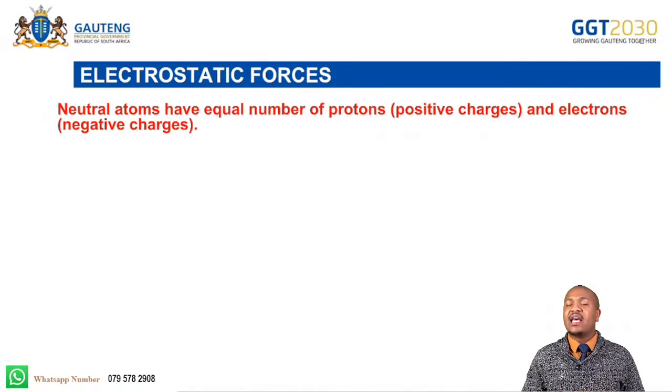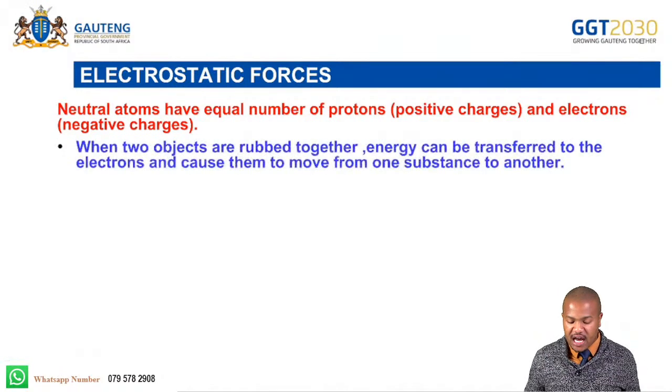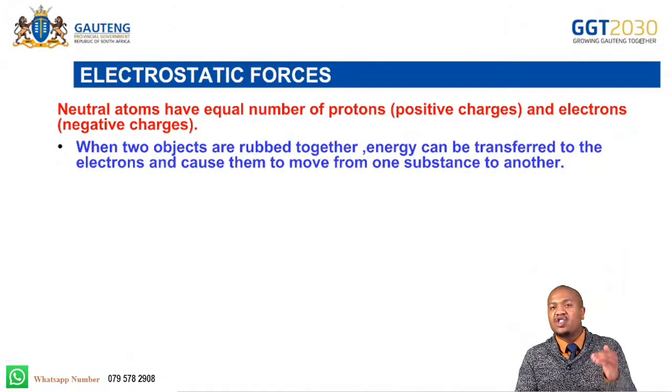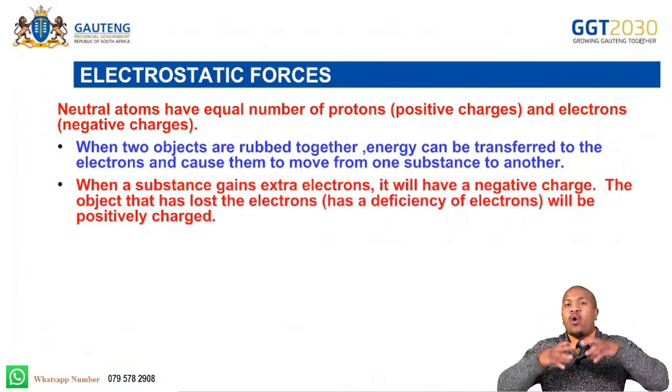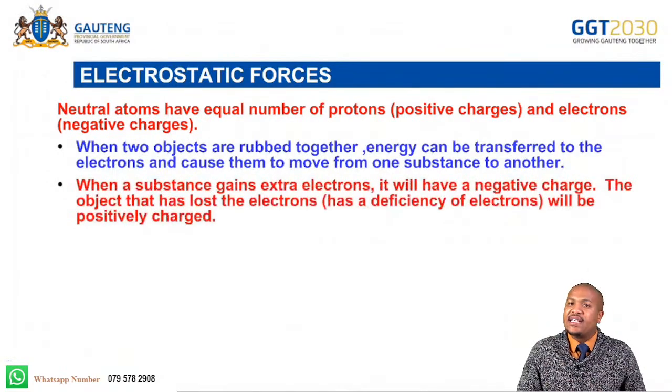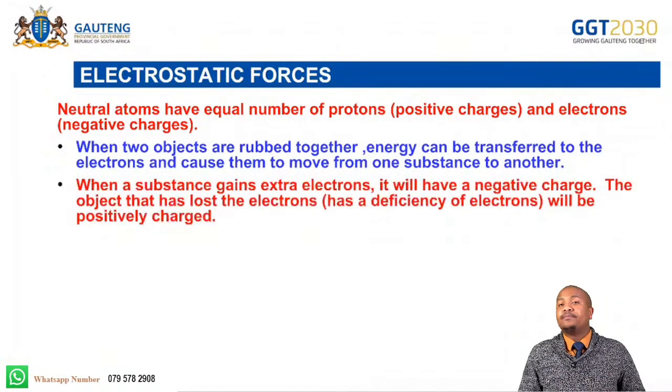But during friction, when two objects are rubbed against each other, energy can be transferred to the electrons and cause them to move from one substance to another. Where now you will have what? This substance that loses electrons becoming what?